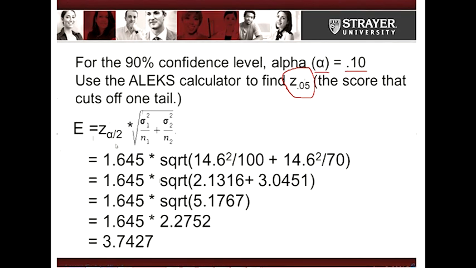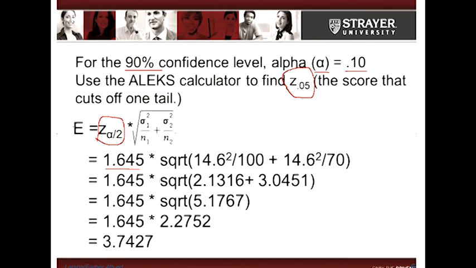It'll take a minute. So the z of alpha over 2, 0.10 over 2 is 0.05. Pulling that up on the ALEKS calculator gives you 1.645 as the critical z-score for a 90% confidence interval.